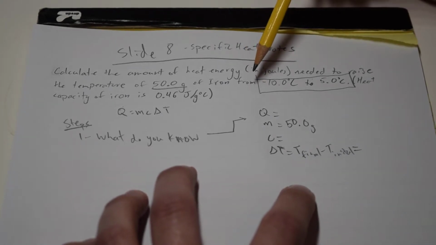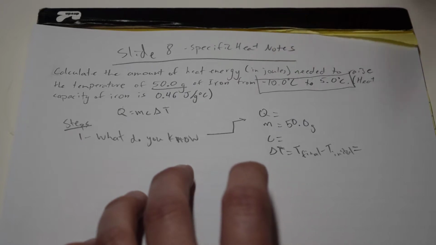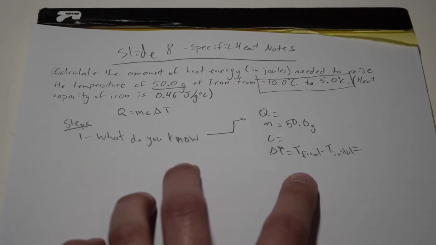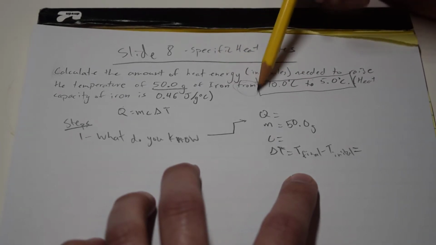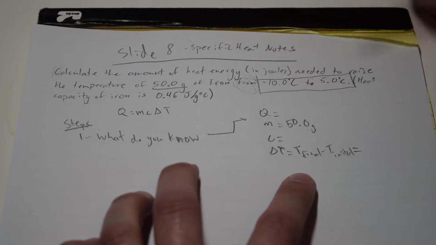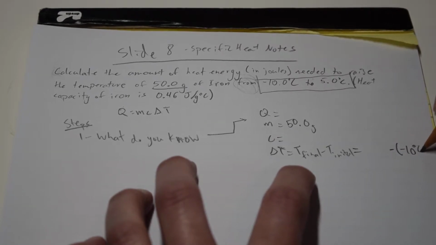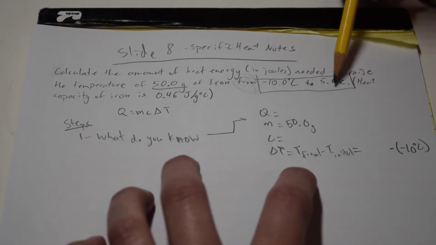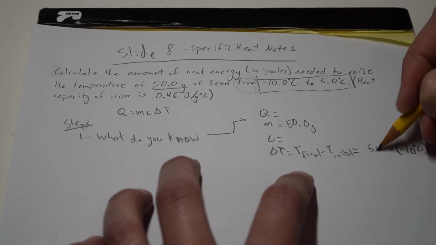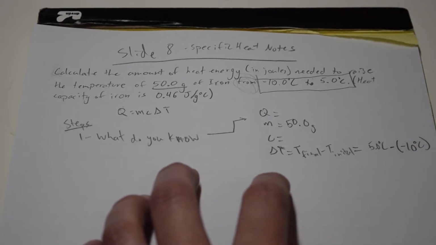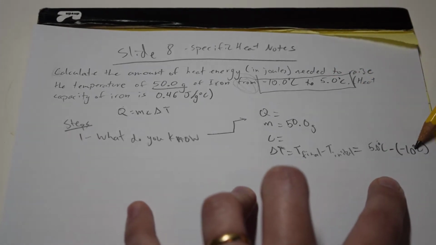So just from the way that the question is written, you know where your final and initial temperatures were. Iron is coming from negative 10 degrees Celsius, so initial is negative 10, to 5 degrees Celsius, so the final temperature is 5 degrees.